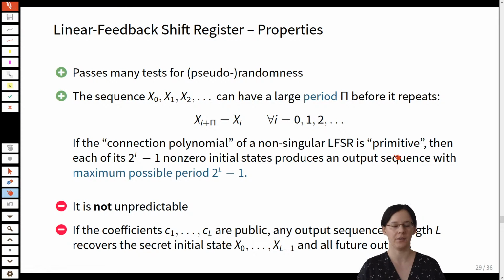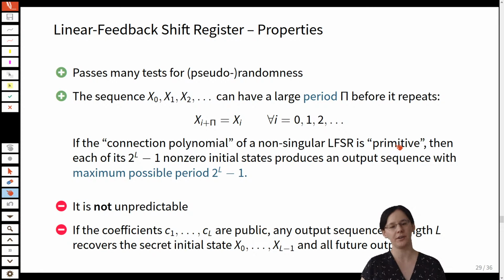Under some conditions for the specific shape of the LFSR, which is related to this connection polynomial, in other words, it depends on the coefficient C, under some conditions for these constants, we know that the LFSR has the maximum possible period.